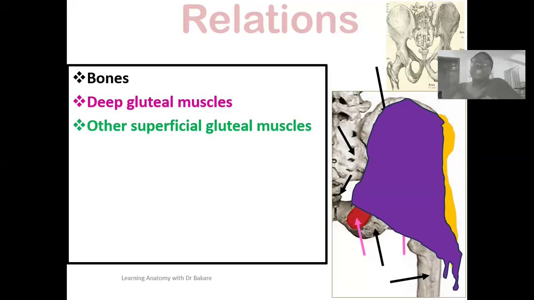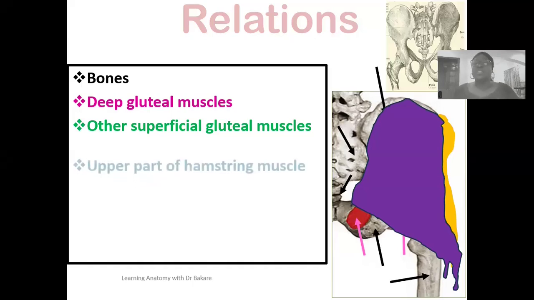Remember that this superficial layer will then be seen to be overlying on the deep layer that we have highlighted. So this is how we have the different muscles within the gluteal region related to the gluteus maximus. And we've tried to illustrate how each of these muscles is positioned in understanding the relationship that they have with the gluteus maximus.